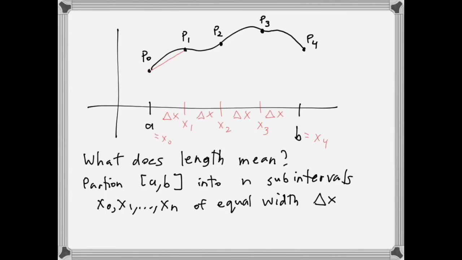Let me actually do this, and I'm going to do straight red lines here. There we go. So these 4 red lines there, those are line segments that connect each pi to pi plus 1, right?